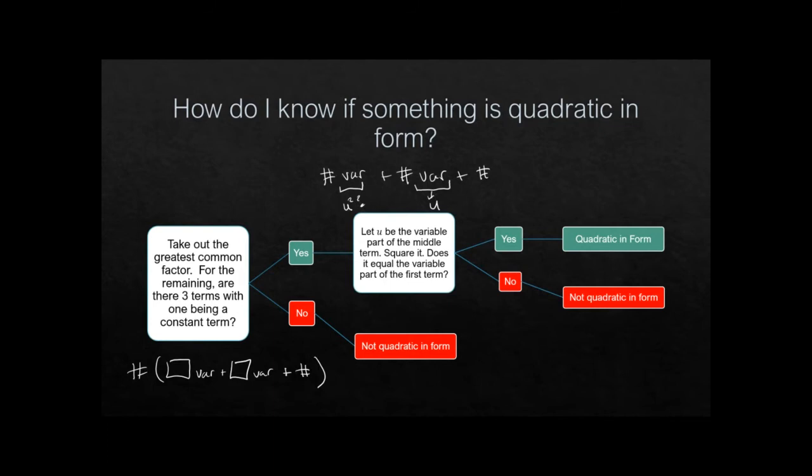If not, it's not quadratic in form. But if it does equal that, then it's quadratic in form, and we can use this technique to solve. So there are some things that you have to check first to see if you can even use the technique, because not everything can be solved this way. So you have to do some sort of checking to make sure it works.